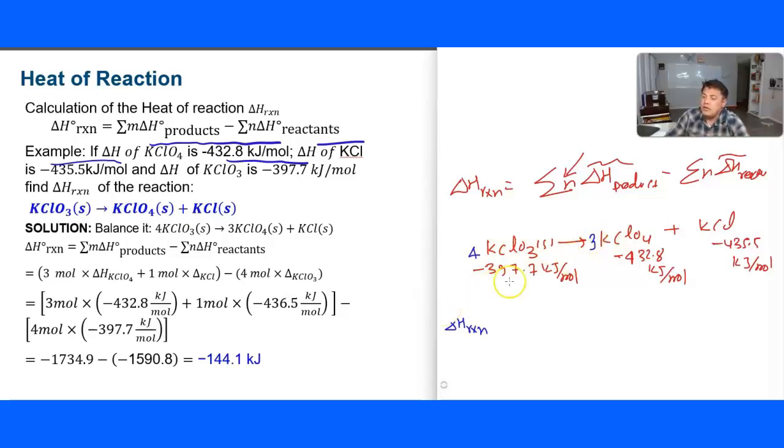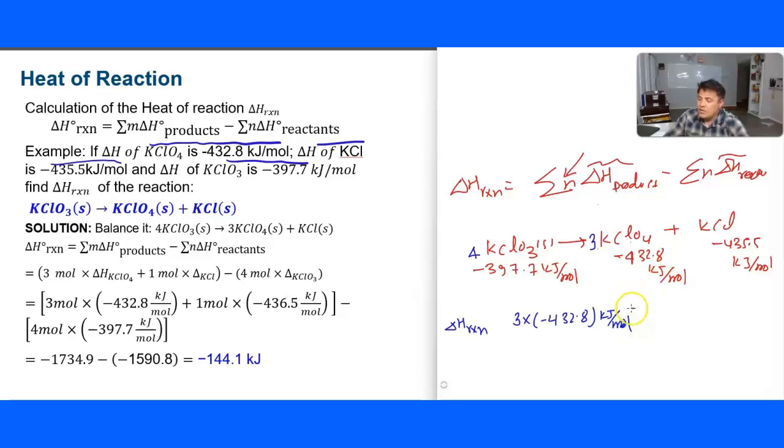Now it means that delta H of reaction is product minus reactant. What is the product? 3 times minus 432.8 kilojoule per mole. Remember that everything is in kilojoule per mole, but if joules are given, you have to convert all the units to the same.